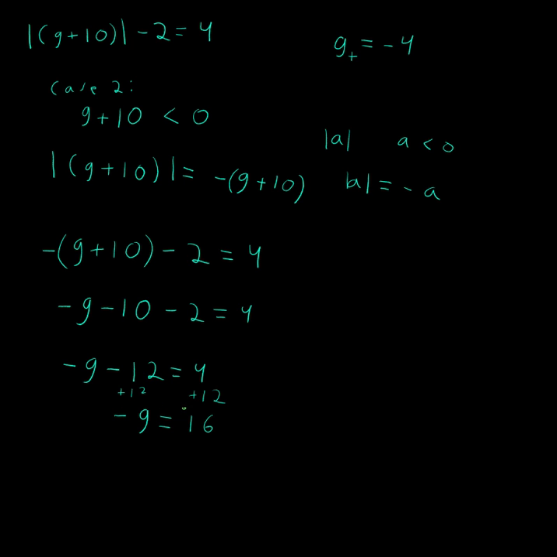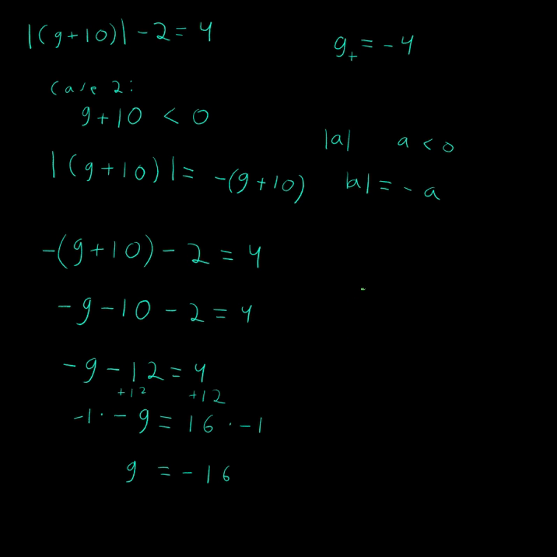Now we have to do our third step here. This time it's not too hard. We can either multiply by or divide by negative 1. I'm going to multiply by negative 1. So negative 1 times negative g would just give us g equals negative 16.